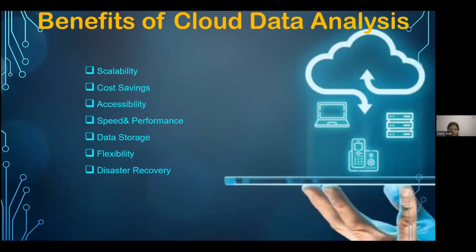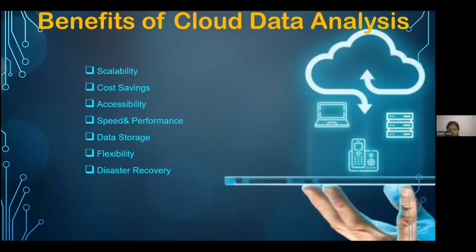Next is benefits. First benefit is scalability, second is cost saving, third is accessibility, fourth is speed and performance, fifth is data storage, sixth is flexibility, and last is disaster recovery. So what is scalability? Cloud platforms allow you to easily scale your data analysis resources up or down based on your needs.